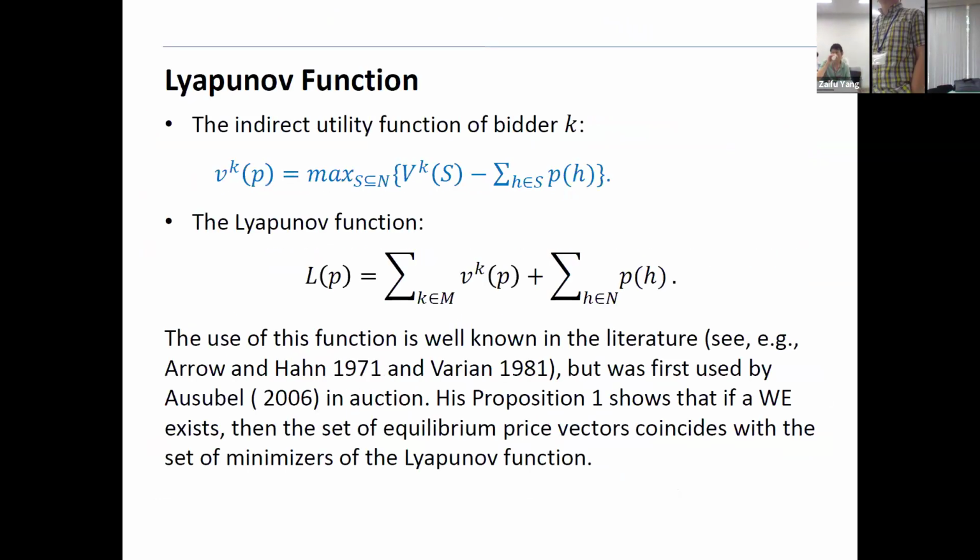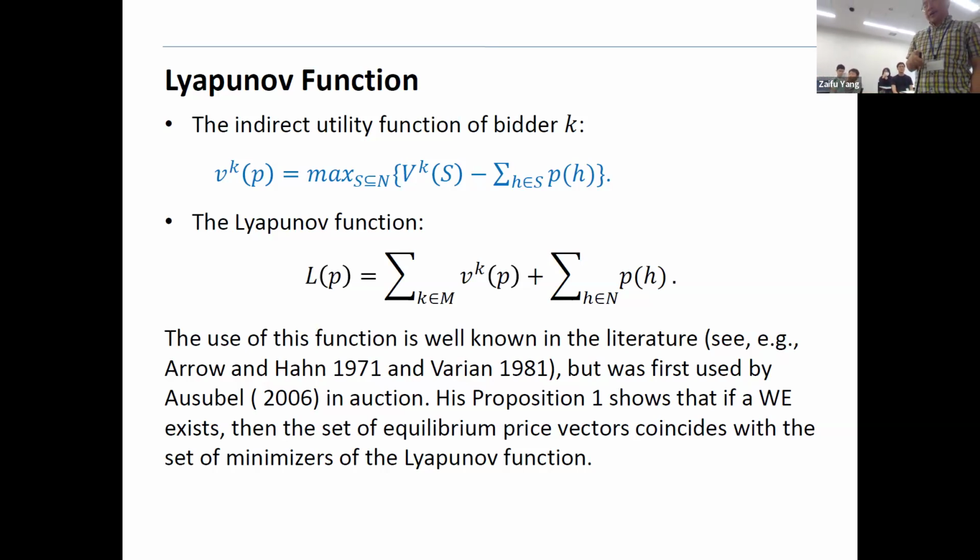Now, what is the auction? The basic idea is that we try to minimize the so-called Lyapunov function. This idea was first introduced by Ausubel.